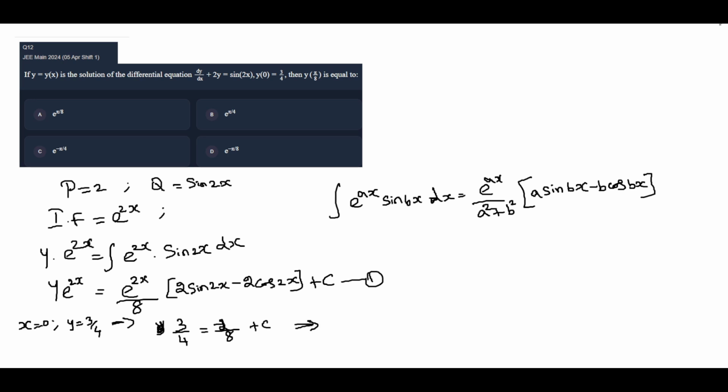Which implies 3 by 4 plus 1 by 4 is equal to c, so c equal to 1. Okay, we need the value of y of pi by 8.